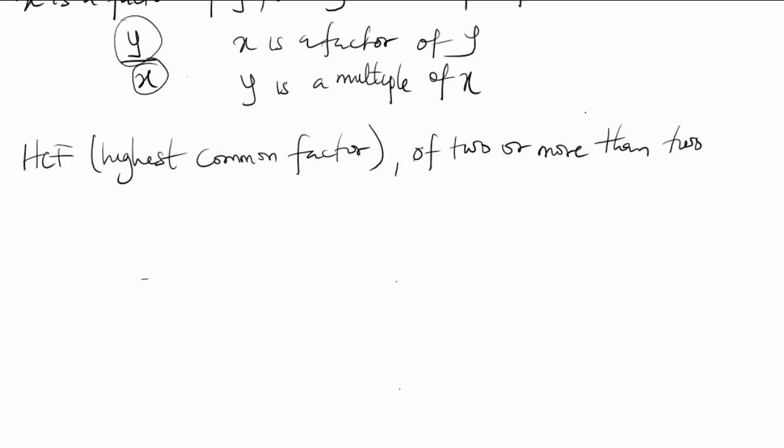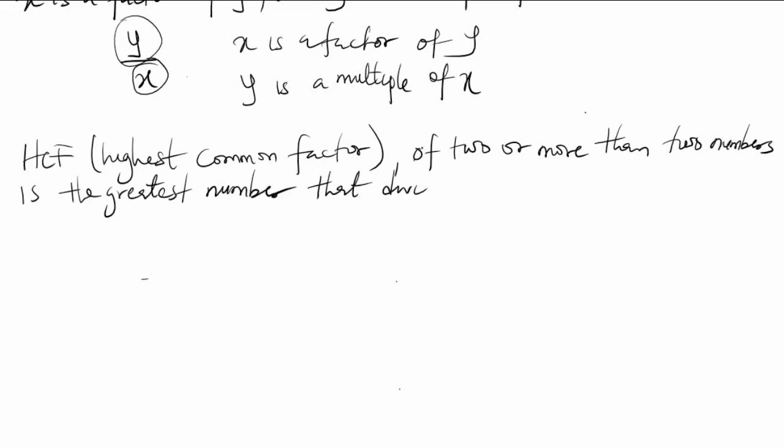The HCF of two or more than two numbers is the greatest number that divides each one of them exactly.